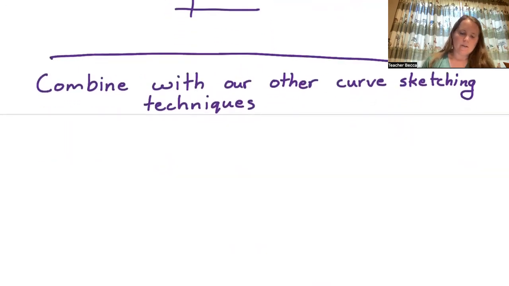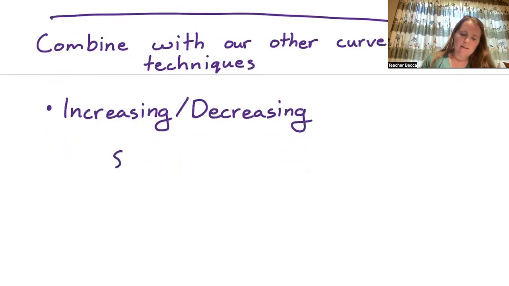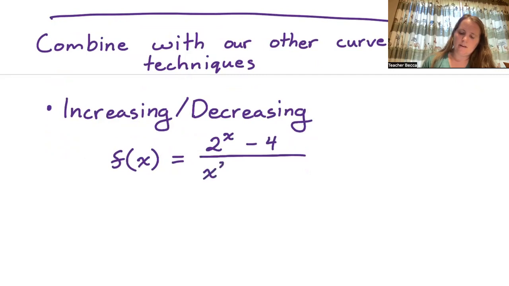So first up, let's look at increasing, decreasing. So f of x was (2^x - 4)/(x^2 - 4x + 4).